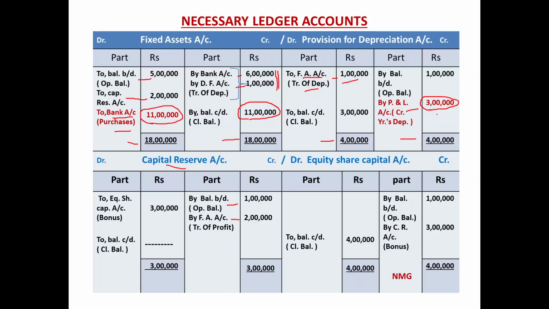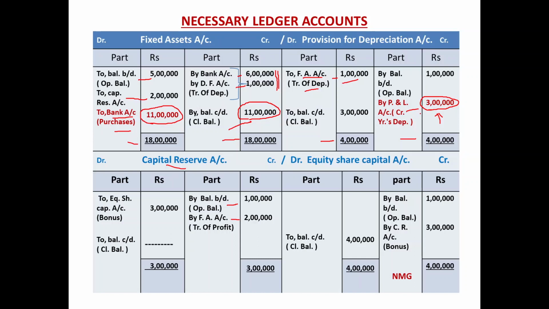So this 3 lakh is nothing but the depreciation provided on this closing balance of fixed assets, rupees 11 lakh. So 3 lakh is the depreciation for the current year, the journal entry for which is profit and loss account debited to provision for depreciation account credited, as we already passed in our working note for sale of fixed assets.